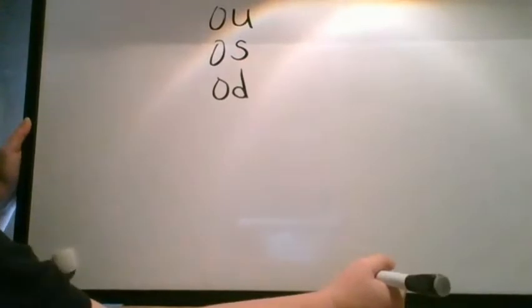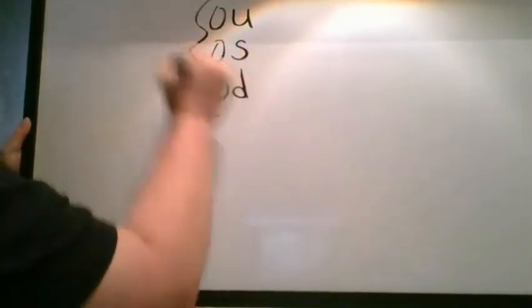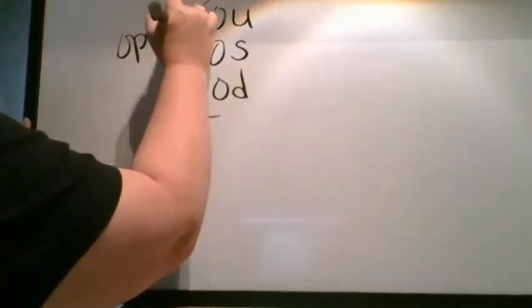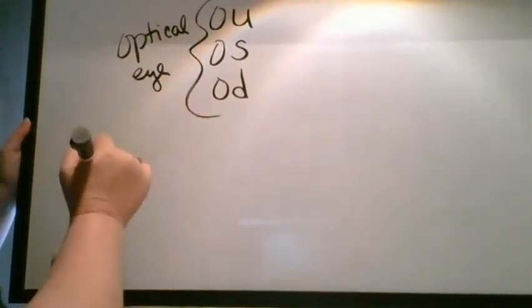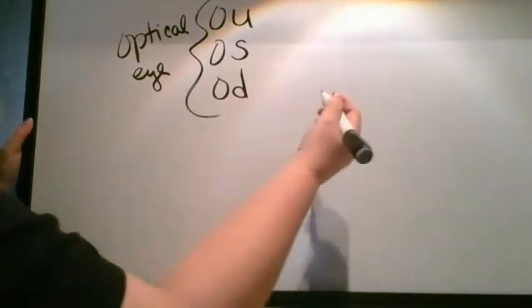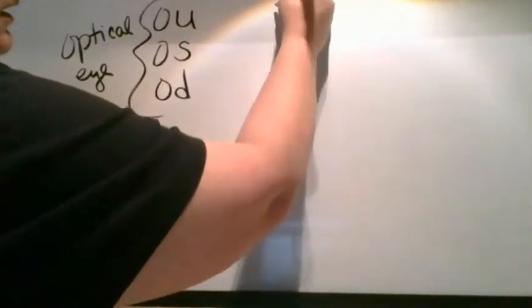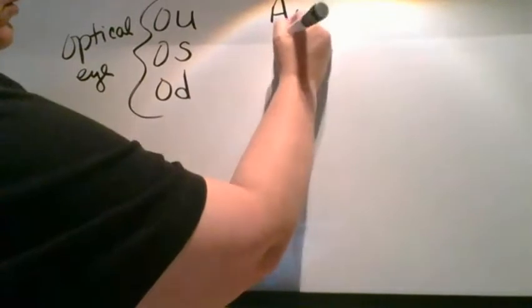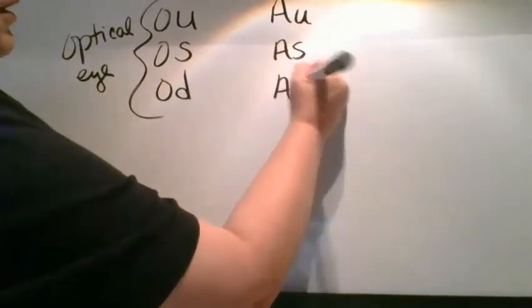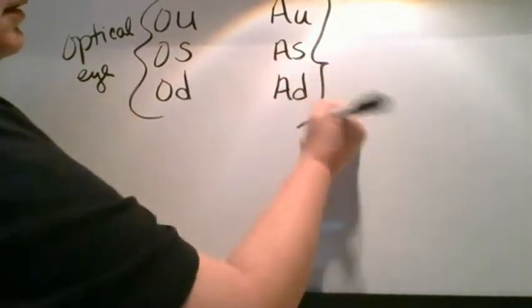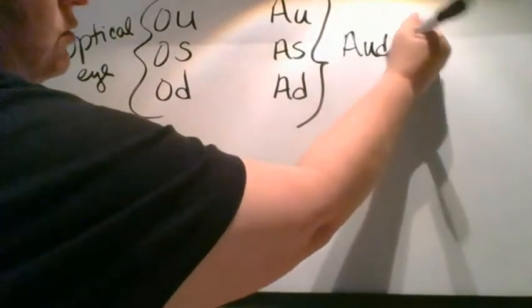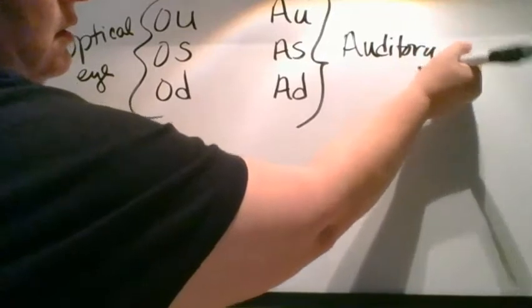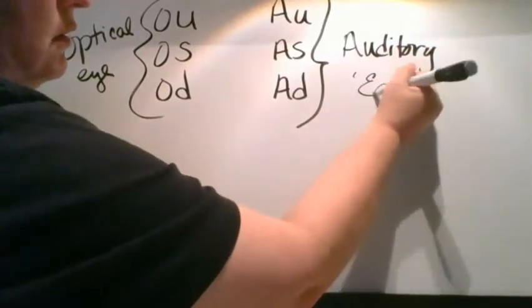O is optical, so that's eye. So you've got OS, OD, OU, and then AU, AS, AD. So those you can remember easily. A is auditory, so that's ear.